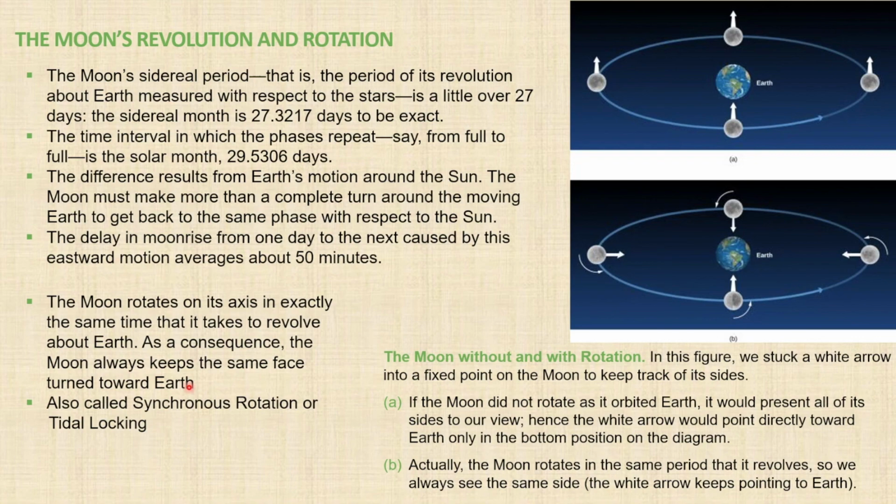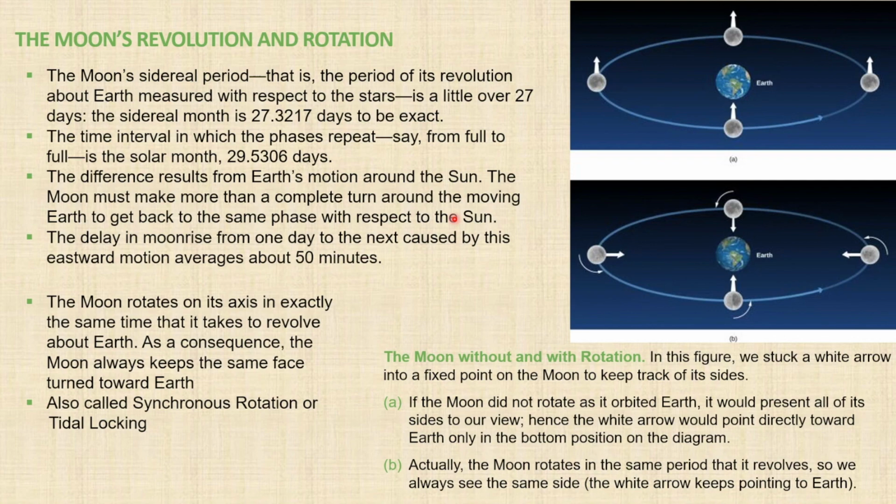And there is another important fact, the synchronous motion of the moon, or tidal locking. You may have heard the term that we don't see the far side of the moon, or the other side of the moon.